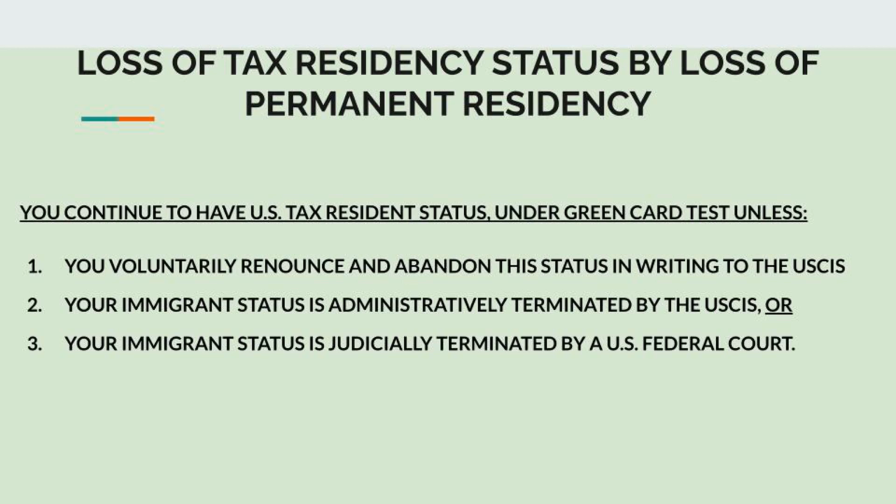The other scenario is that your immigrant status is administratively terminated by the USCIS, or number three, your immigrant status is judicially terminated by a U.S. federal court. So these are the only three scenarios in which you're no longer considered a lawful permanent resident and you don't have to file as a tax resident in the United States.